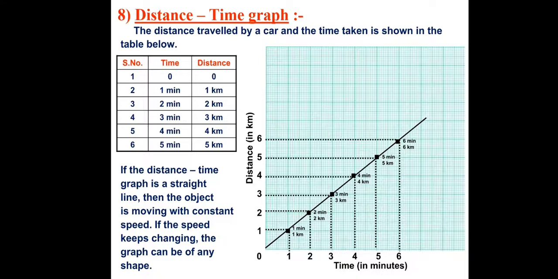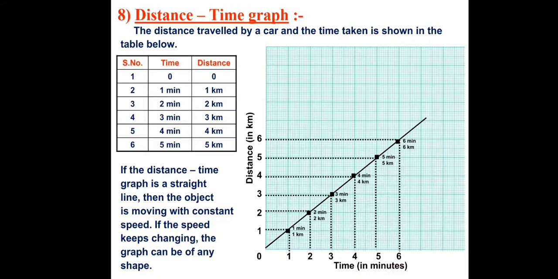For example, when time was 1 minute, the object covers a distance of 1 kilometer. And after 2 minutes, the distance covered by the car is 2 kilometer. So we see here that in every 1 minute, the object is covering a distance of 1 kilometer.